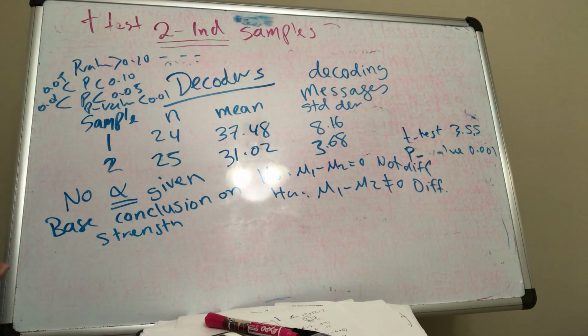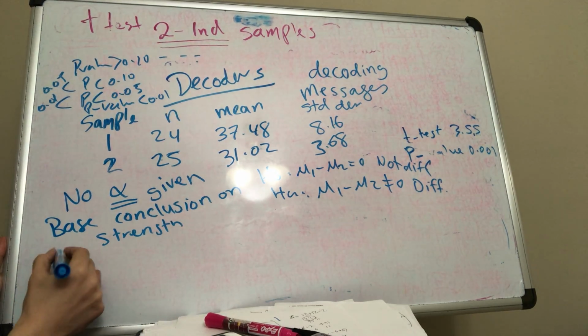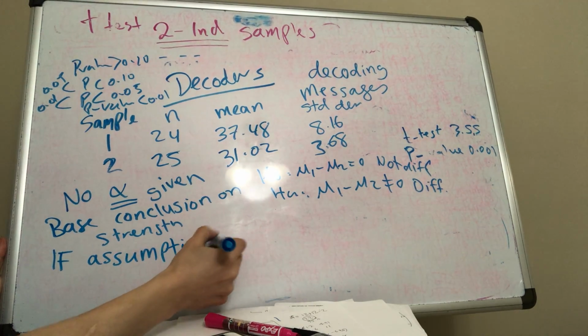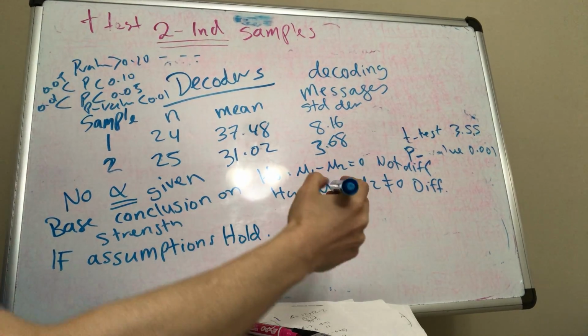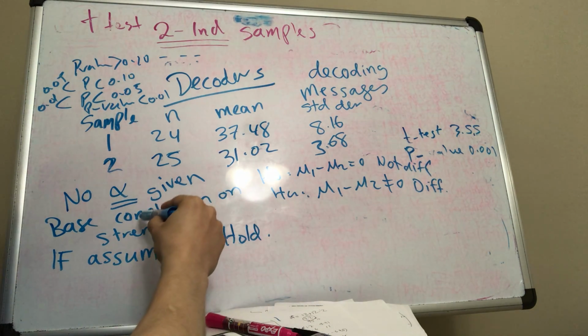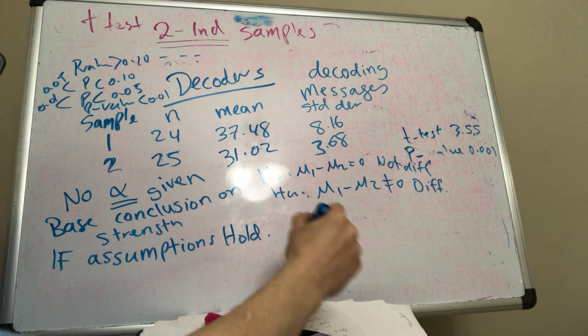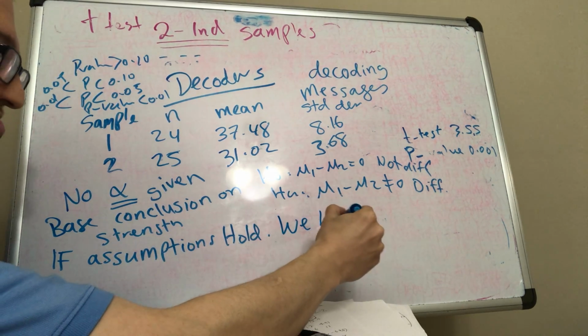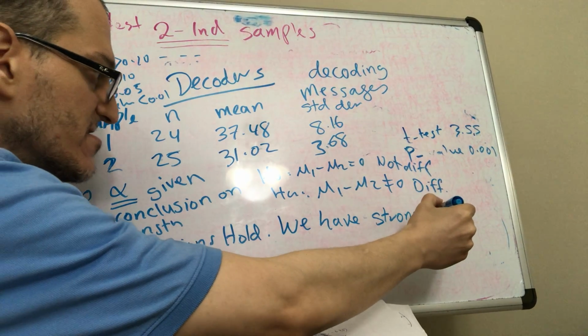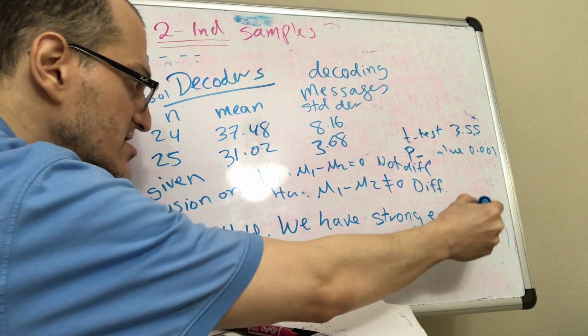Meaning, first of all, when we discussed the assumptions, we couldn't confirm that the assumptions are met. So we don't say since assumptions are met. We say if assumptions hold, and you have to say, according to the strengths, we have strong evidence to support HA.